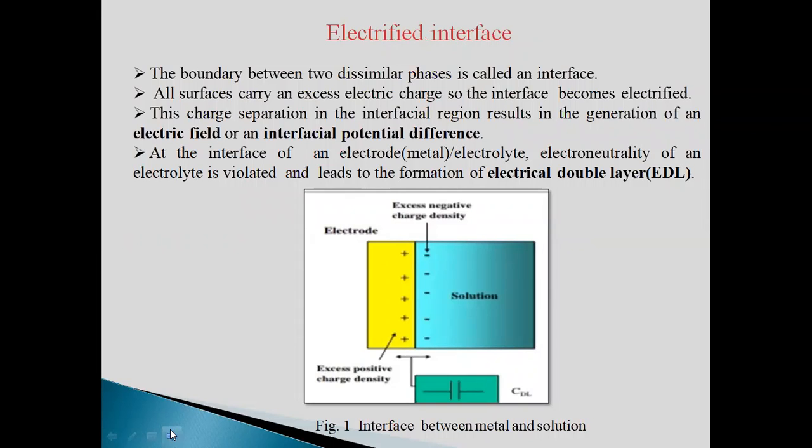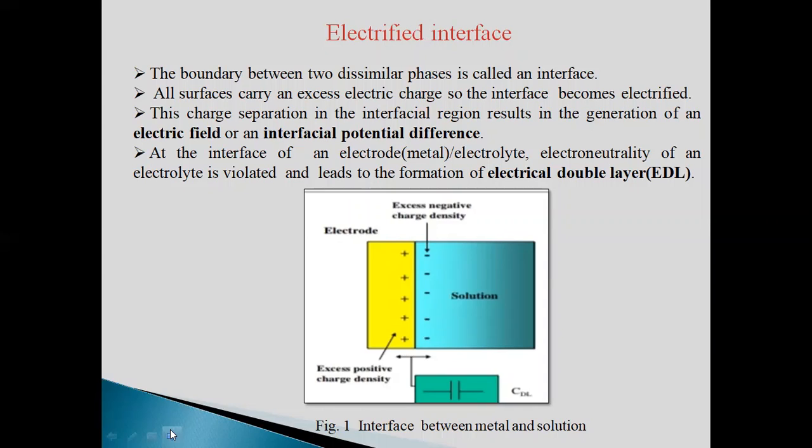Now, first of all, what is an electrified interface? It is a physical boundary that is developed between two dissimilar phases. For example, when a metal electrode is placed in an electrolyte solution, due to the difference in the phases, an interface region is developed.